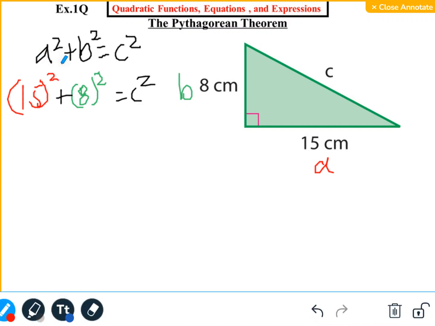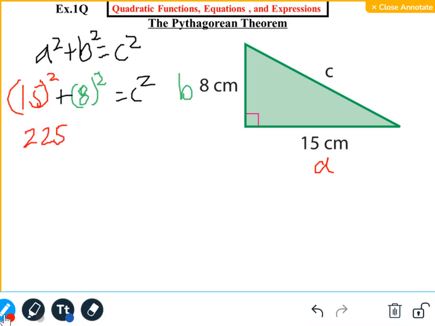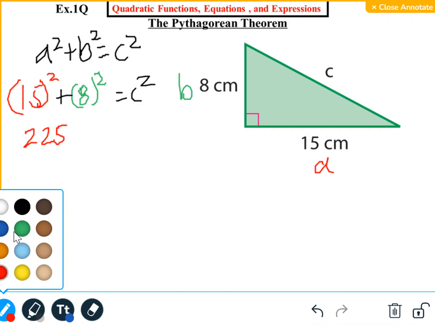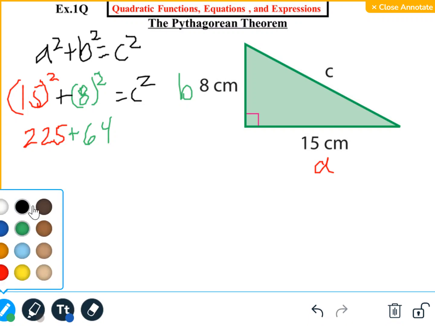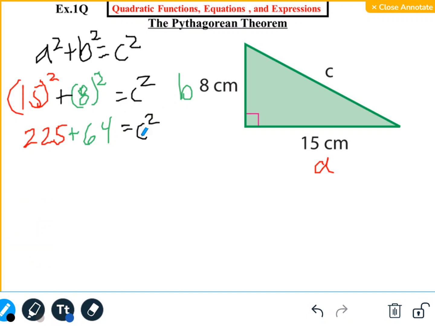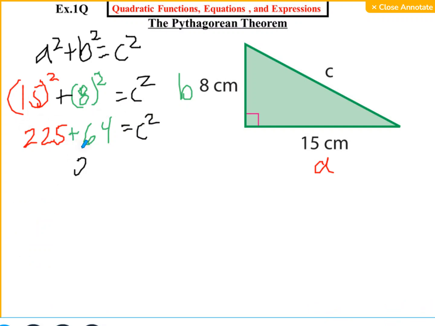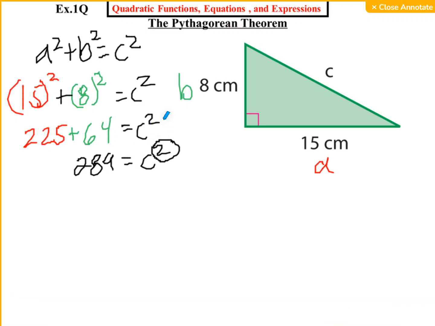So what is 15 squared, everyone? 225, very good. Plus 8 squared is 64. And all that equals c squared. All right, continue. 225 plus 64, that's 289 equals c squared. But we still need to solve for c, and we need to cancel this squared, everyone.